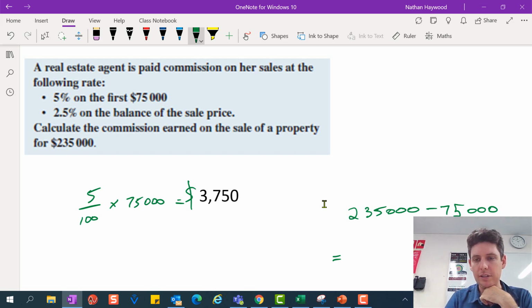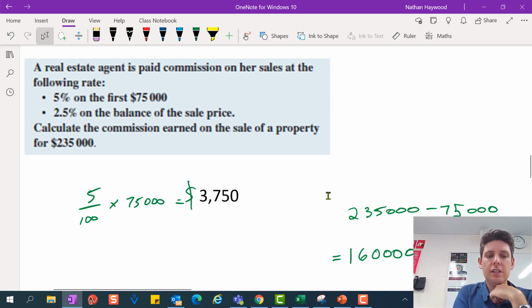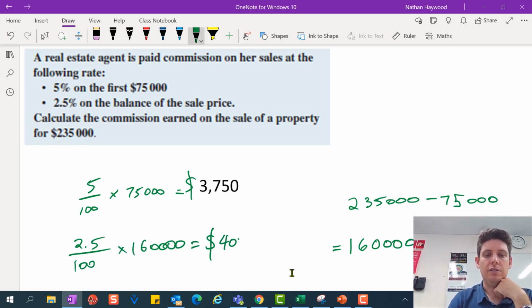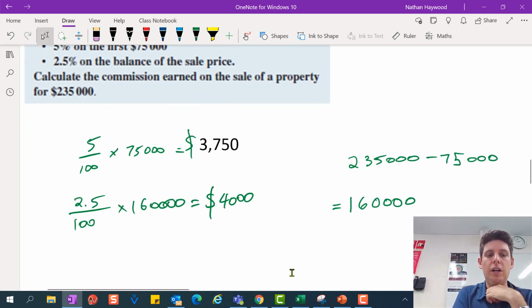So 5,000 disappears. 23 minus 7. What's that? Hopefully you got 16. So 160,000 is going to be multiplied by the 2.5. It's $4,000 commission. So it's really important you communicate with whoever's reading your answer.